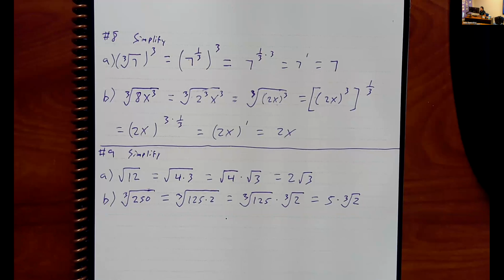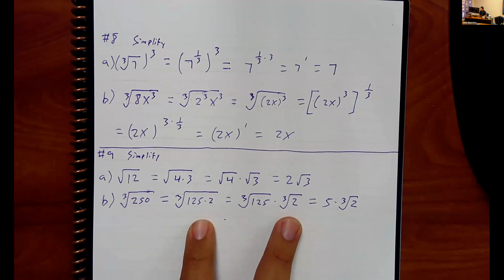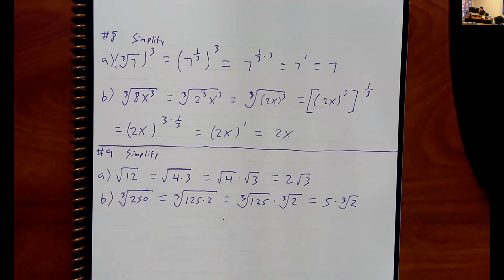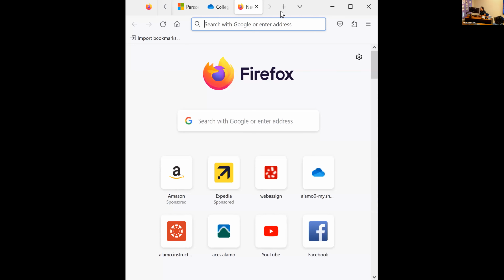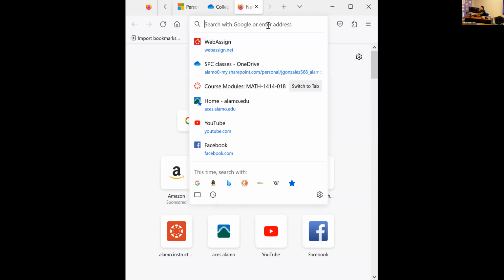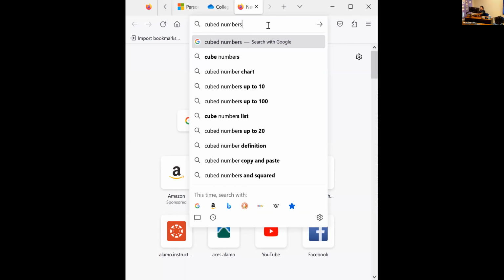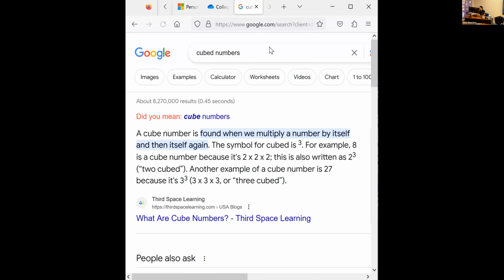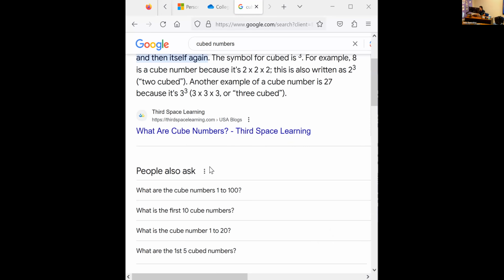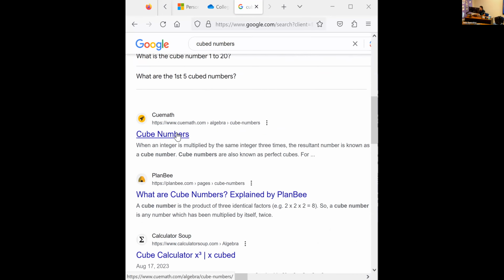Andrew, which one? I'm sorry. For this one? Okay, so let's look up cubes together. You can see what I'm saying. Maybe this will have it.